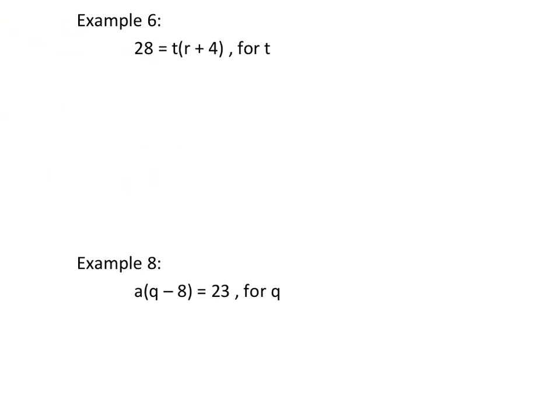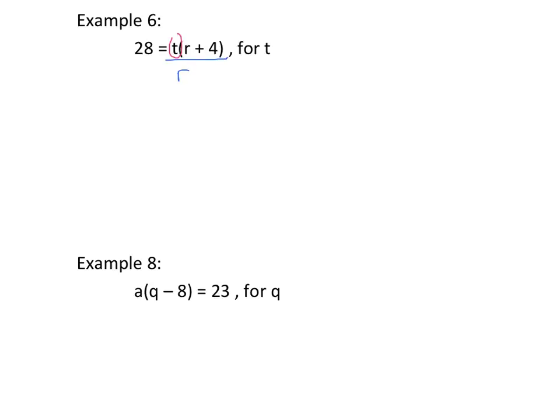Next one, we're trying to solve for t, so we want this alone. Now notice that I could distribute the t, but that wouldn't help me any because I would get tr plus 4t. I've complicated the problem because t would show up twice, and I want to get it alone. I don't want to create more t's. So in this particular case, our best first step is to notice that it's t times the parentheses.